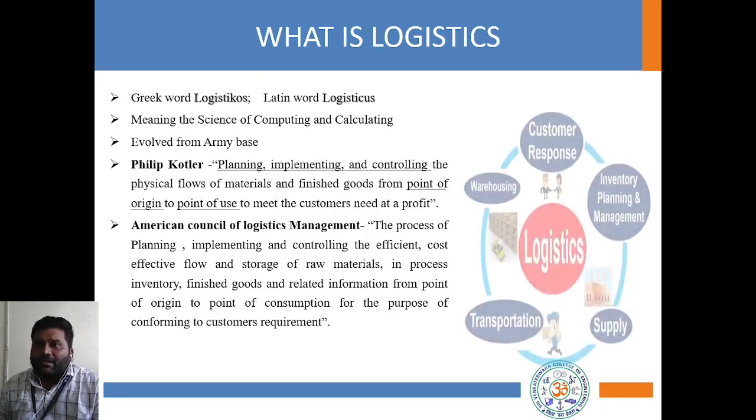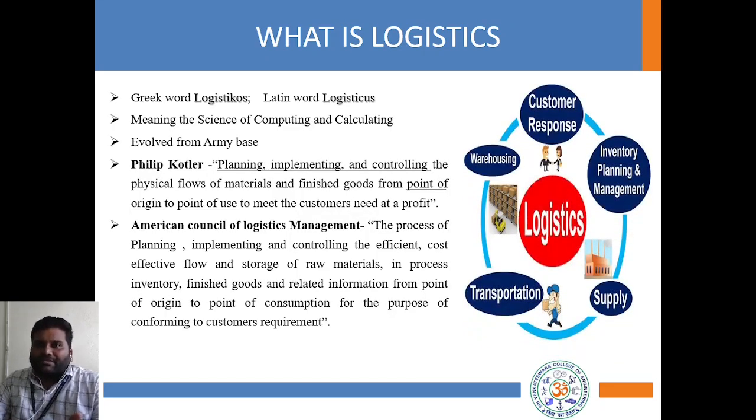So over here, you can see, as we said, the Greek word logistikos, and in Latin it is called logisticus, meaning the science of computing and calculating, evolved from an army base. As we discussed the origin, it evolved from the army base. Philip Kotler: planning, implementing, and controlling the physical flows of material and finished goods from point of origin to point of use.